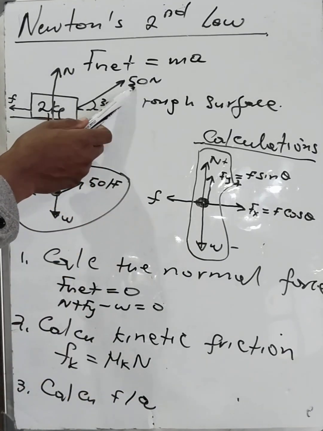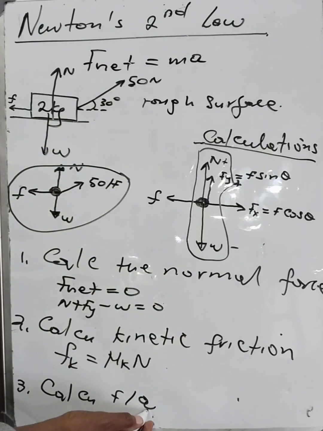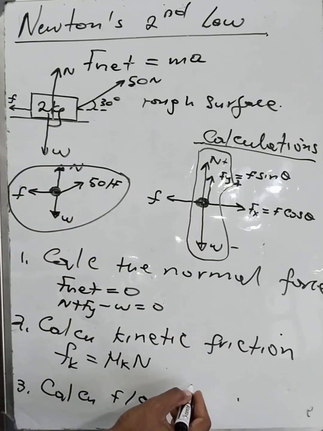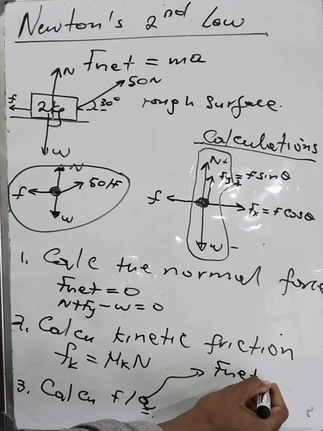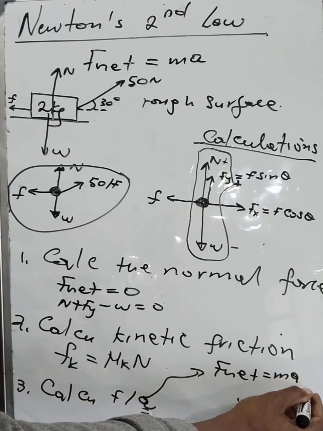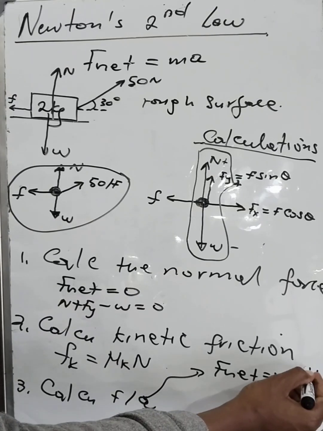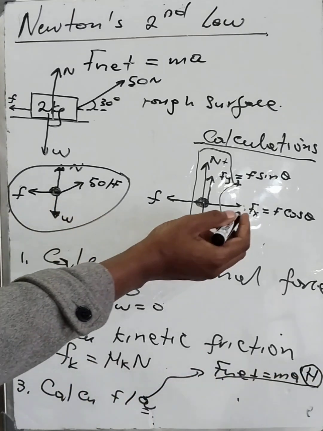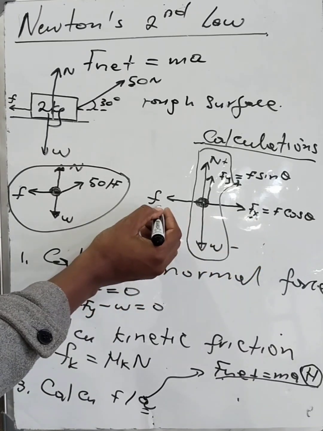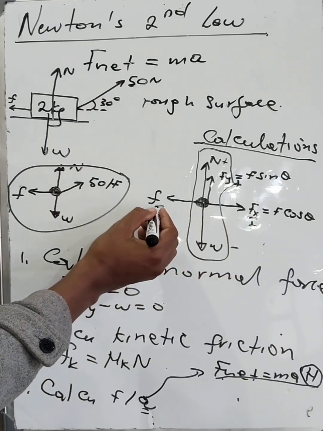Now that we have the force applied, we are going to calculate the what? The acceleration. So in this one, we are going to use F net is equal to ma only on the horizontal forces. Okay, on the horizontal forces. Above we have this one and this one. This one must be positive, this one is negative.